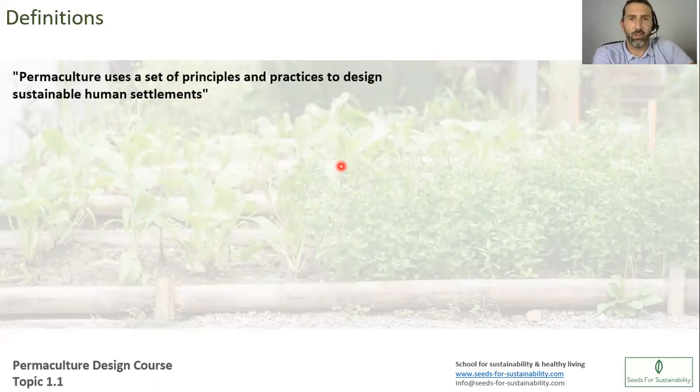Permaculture uses a set of principles and practices to design sustainable human settlements. One interesting aspect of this definition, for sure, is that it includes the human being. In many approaches, many people consider the human being as the virus. When we talked about COVID, people were saying, we are the virus. Well, maybe in a certain way, one could think of that. I personally have a different point of view, but I understand when people say that.